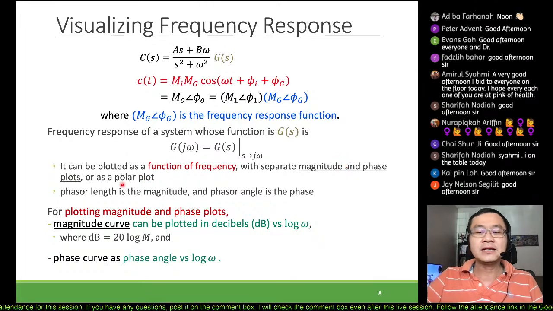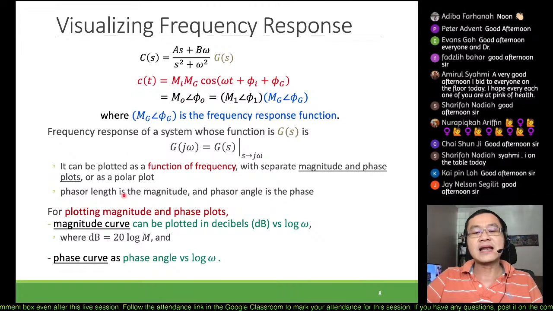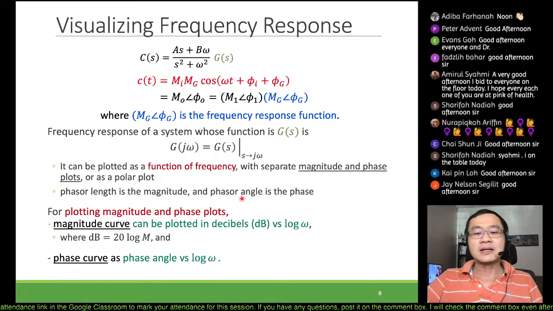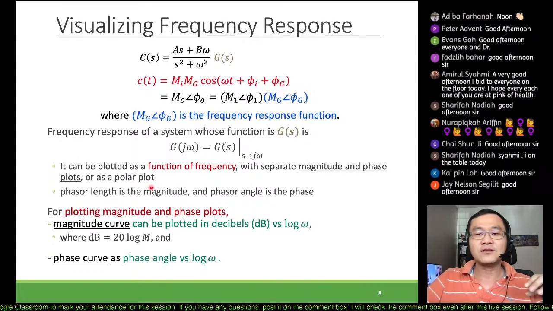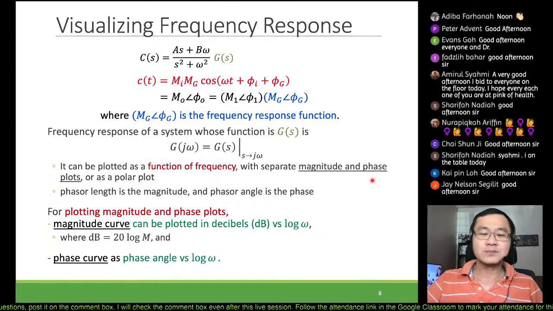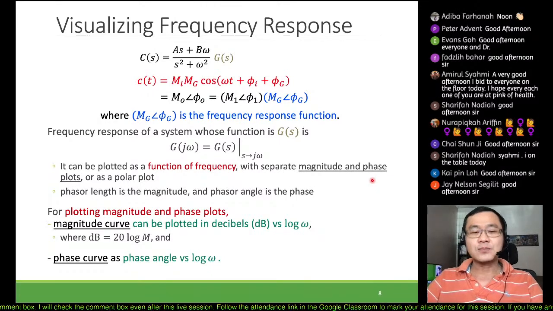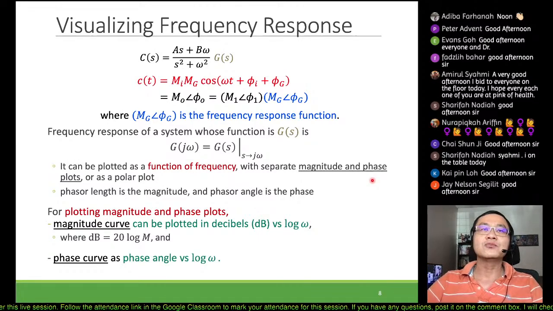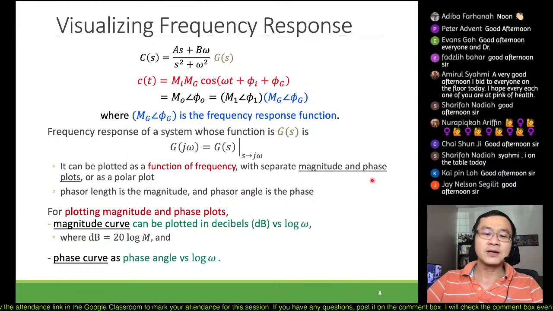In the polar plot itself, you still have this M and the angle, so we will have that phasor length and the phasor angle, corresponding to that particular thing. But because of the polar plot, we may want to break them into purely the magnitude plot as well as the phase plot, which we call a Bode diagram.